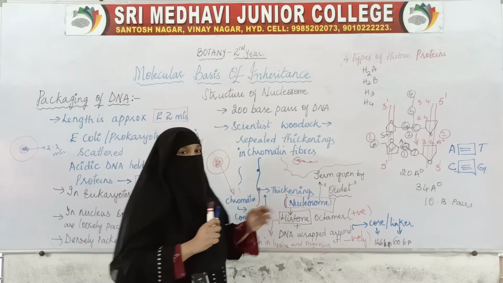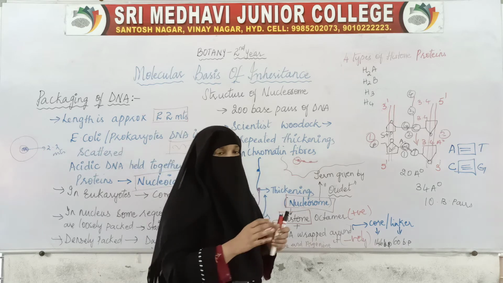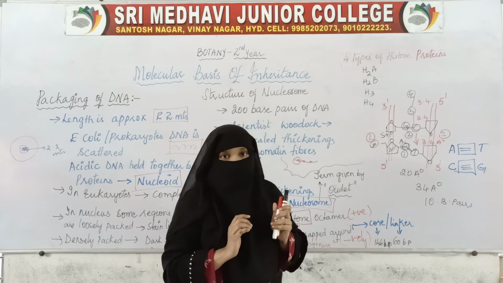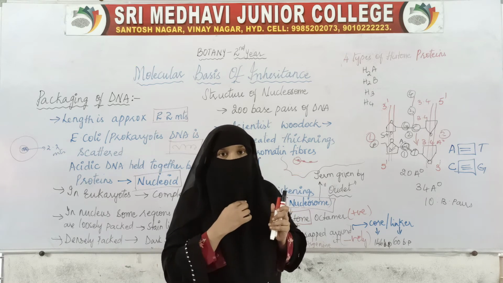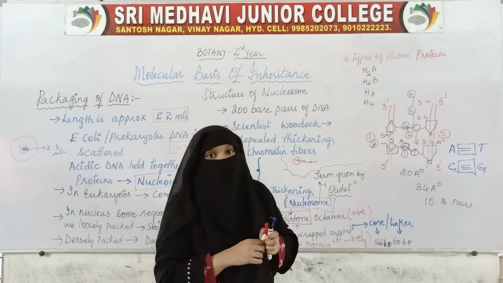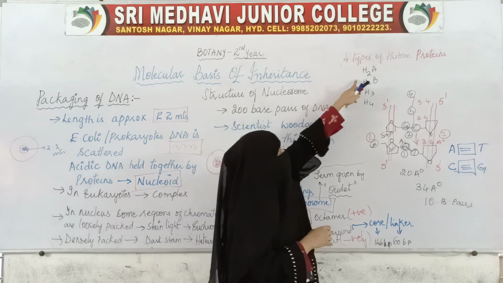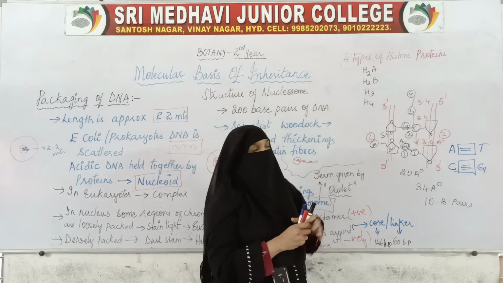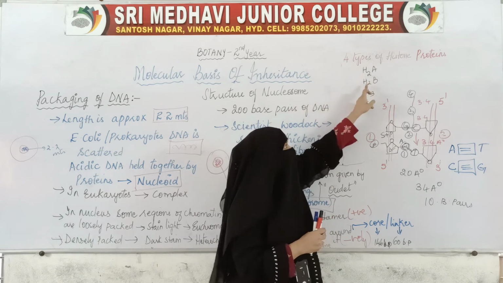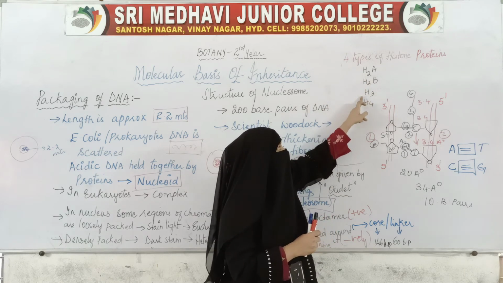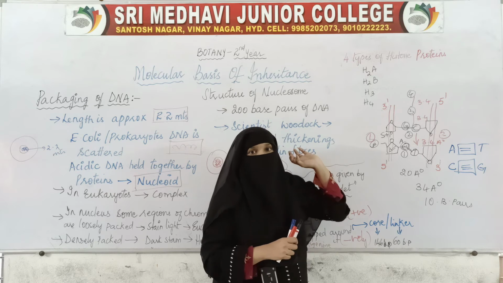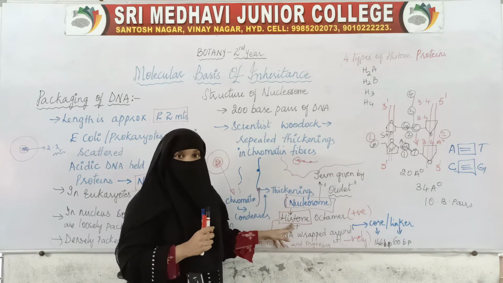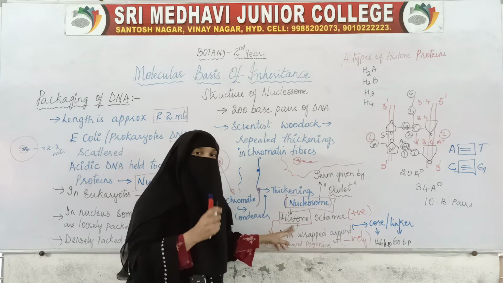Now, histone proteins are there. In the nucleosome we find 4 types of histone proteins. We said that the nucleosome is made up of histone, and histone proteins are of different types.